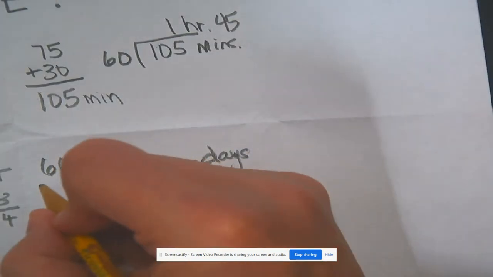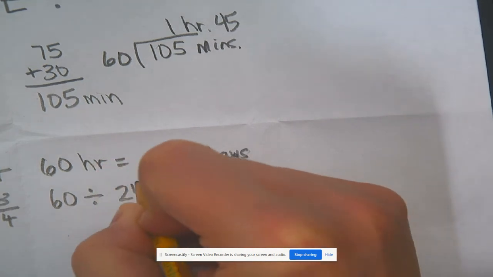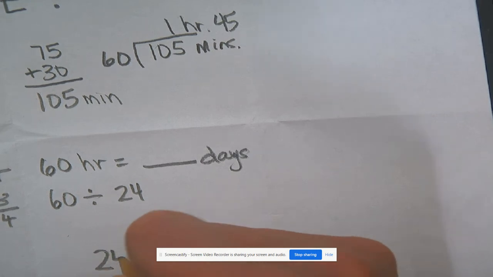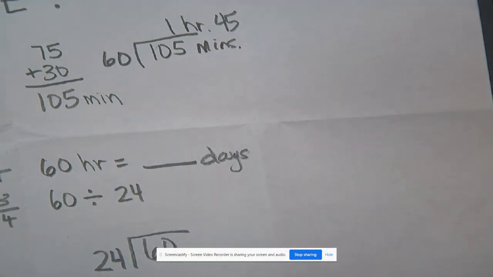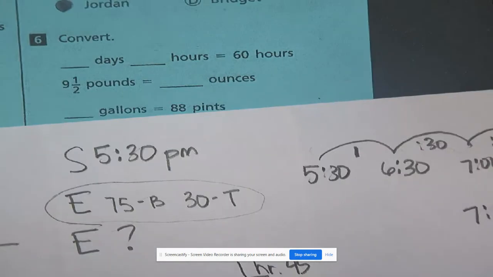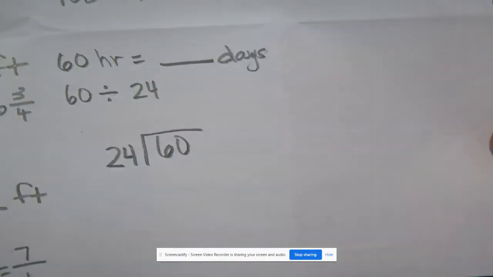Divide by 24. So we need to do 60 divided by 24. Now, what is your remainder going to be? A fraction, or is it going to be hours? Look at the question again. Hours. Okay, go.